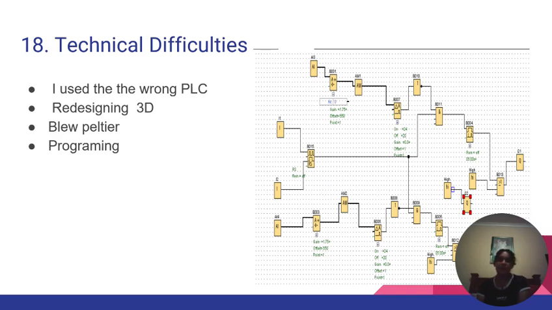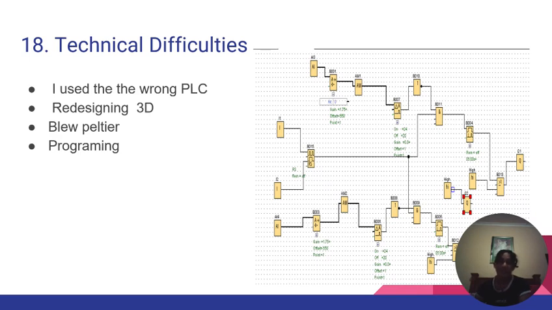I used it with the Peltier, and then only 3 days before this presentation I realized my water's not cooling down, and I blew the Peltier by accident. So that was fun, not knowing that happened, but okay.